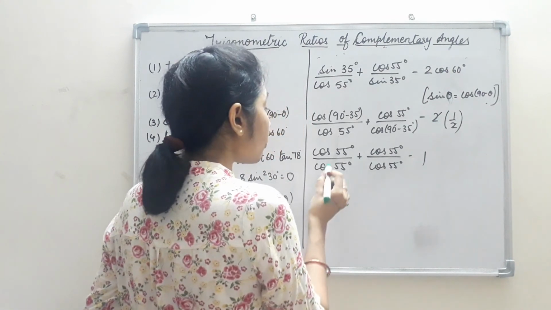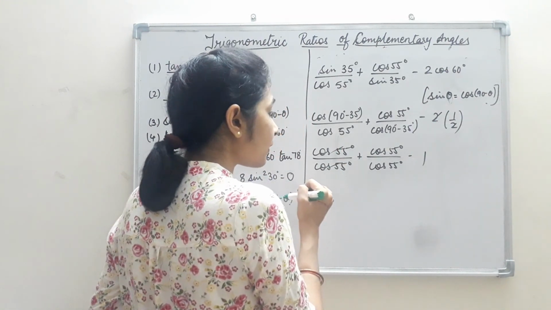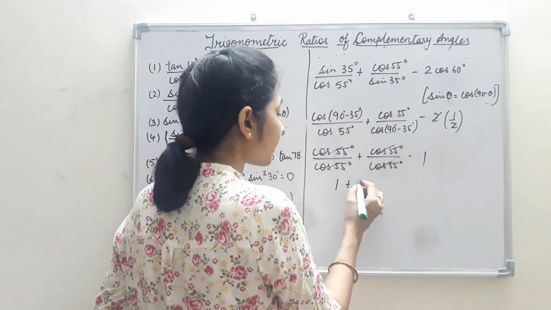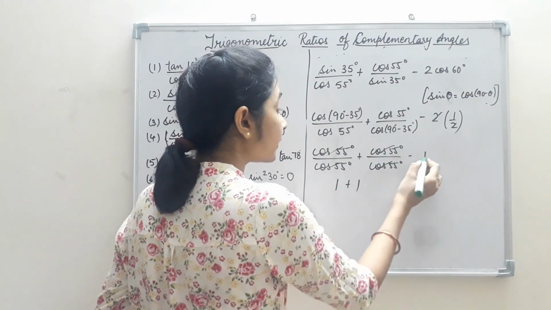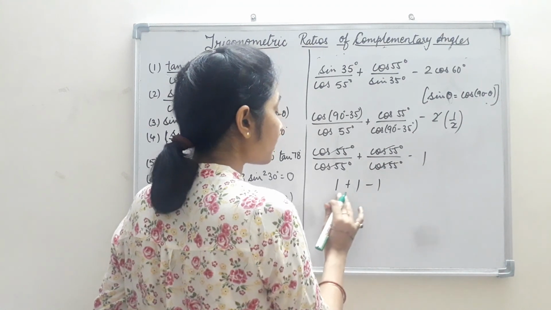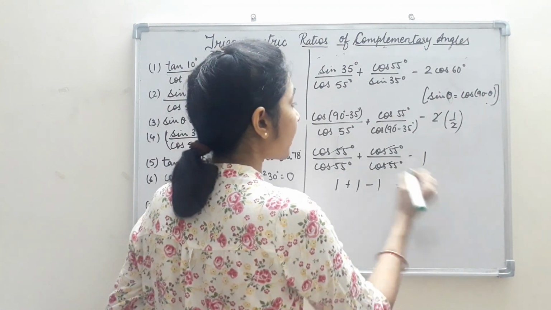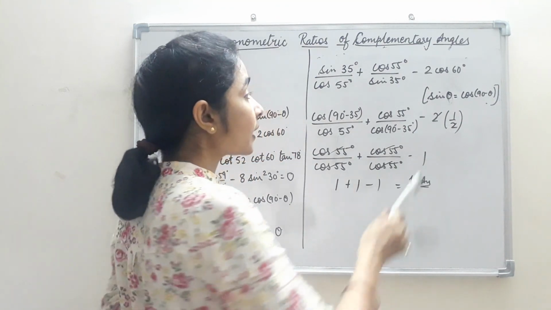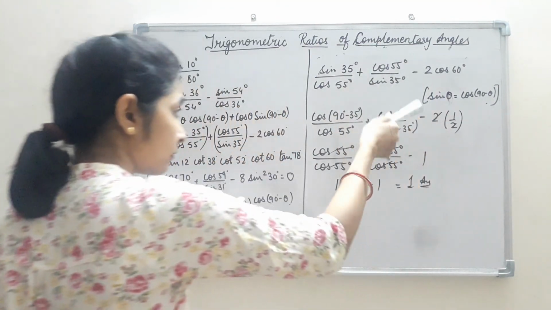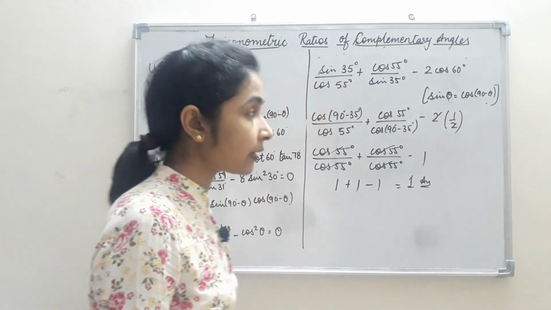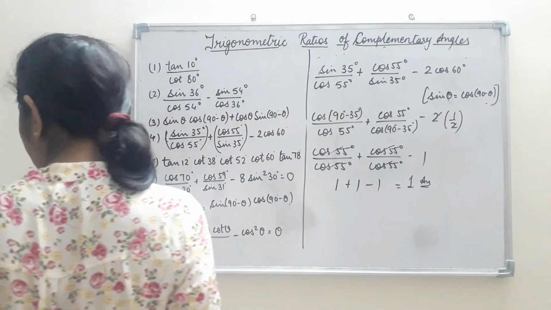Cos 55 cancels, we get 1, plus cos 55 cancels, we get 1, and we already have minus 1. So 1 plus 1 minus 1 gives me 1. That is my answer. When we are given a theta like 60, 30, 90, we can keep its value there and solve the question.